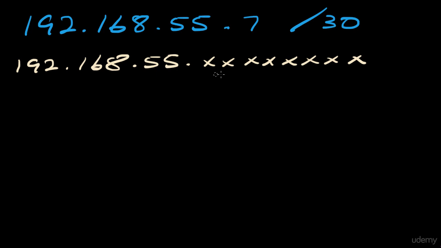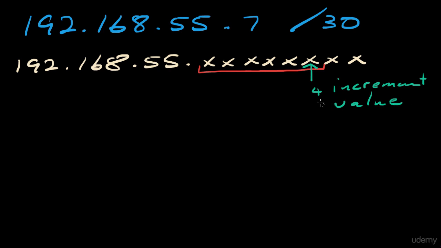That's 24 bits, 25, 26, 27, 28, 29, 30. So 30 took these 6 bits, and these became the subnet bits. The increment value is this column right here. What is that? 1, 2, 4. 4 is therefore the increment value.